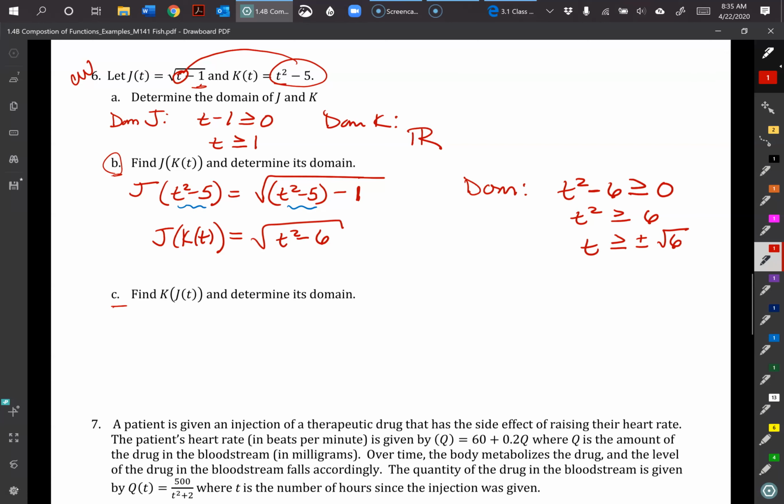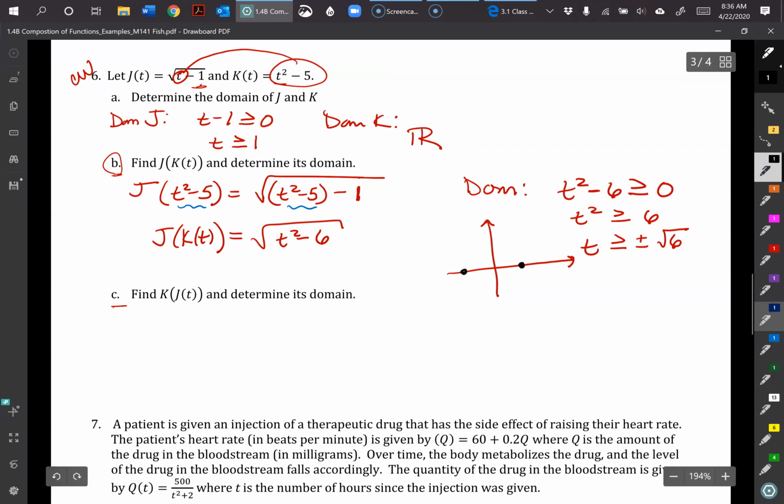And then do a quick sketch of a graph. We could plot these zeros, negative square root of 6 and square root of 6, right about there, and we know it opens up.